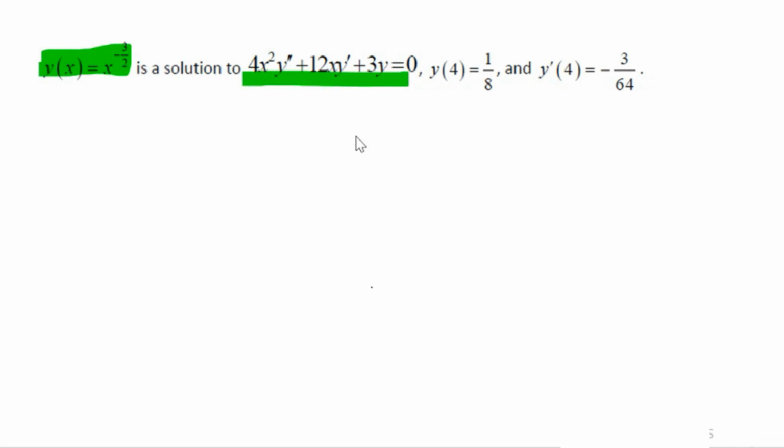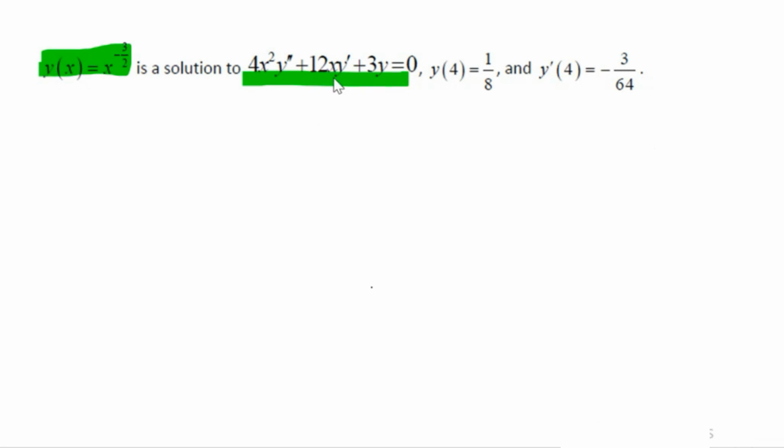Next, we have to satisfy as well that the given equation will satisfy the initial value condition. All right. So in order for us to conclude that it is a solution, we must satisfy the two conditions. Okay. So not only one, but it should be two conditions.